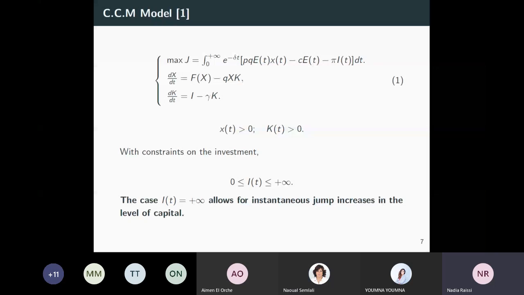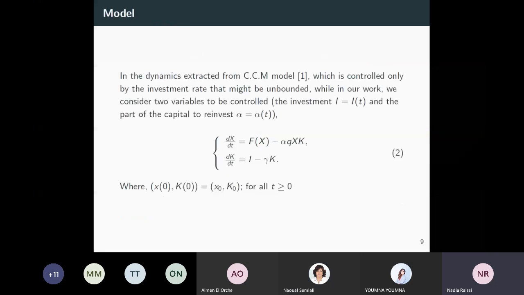And we said that we will use two variables this time, an alpha to switch E to K, and also E, which was the control in the CCM model. Our goal will be just to sustain this model. We will not force ourselves to maximize the profit. Our goal is to sustain this activity as long as it can be sustained.